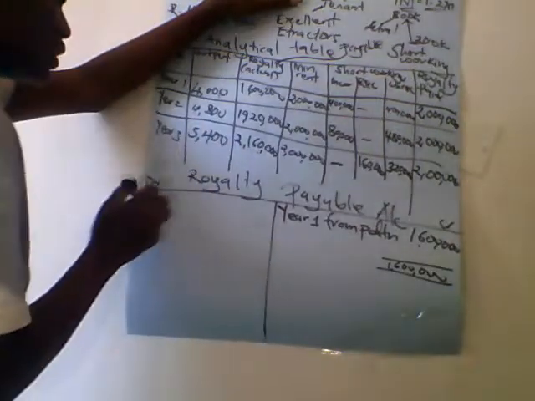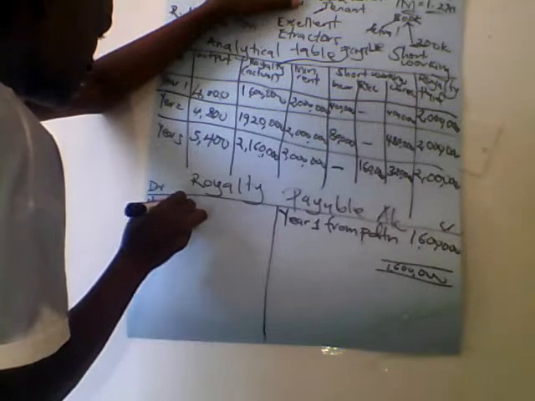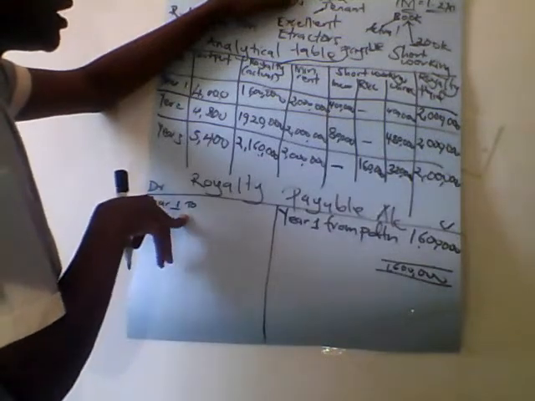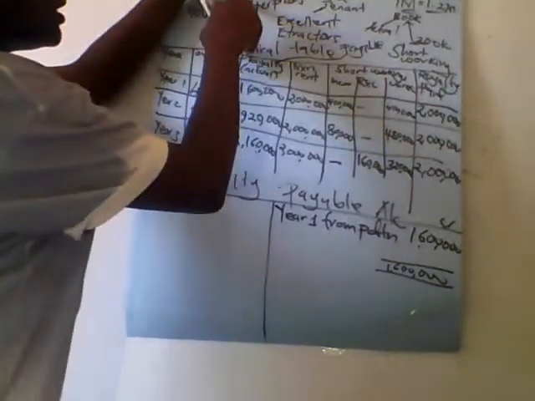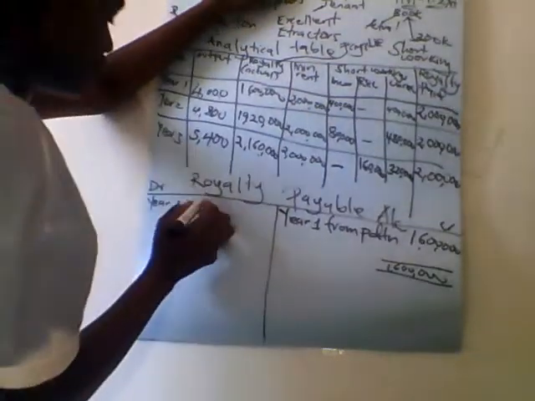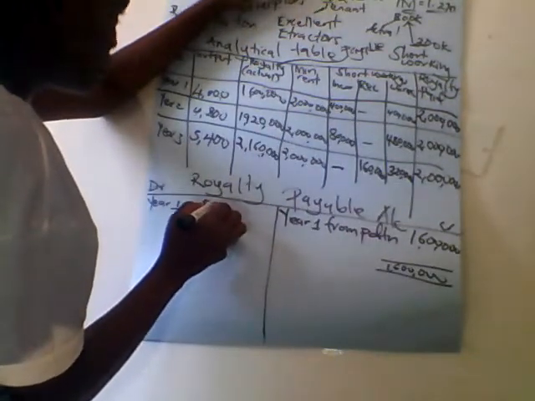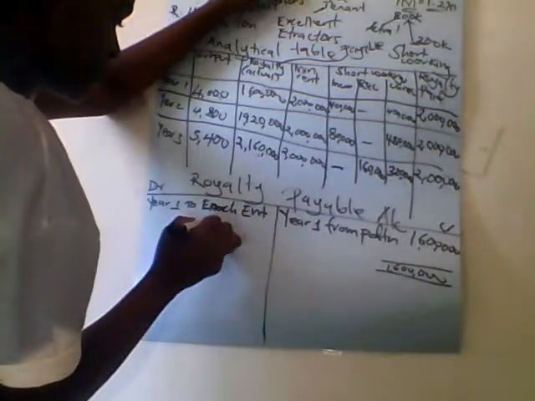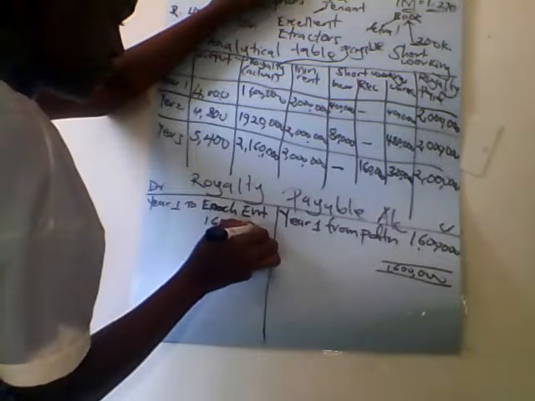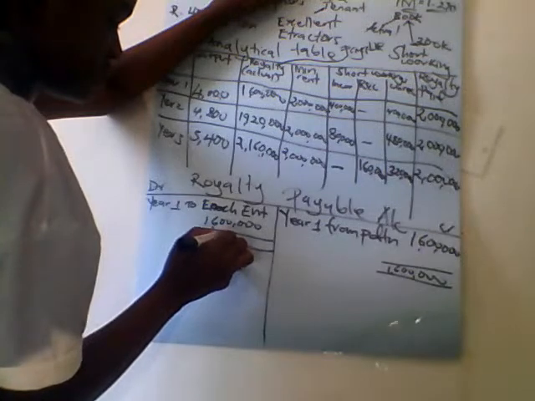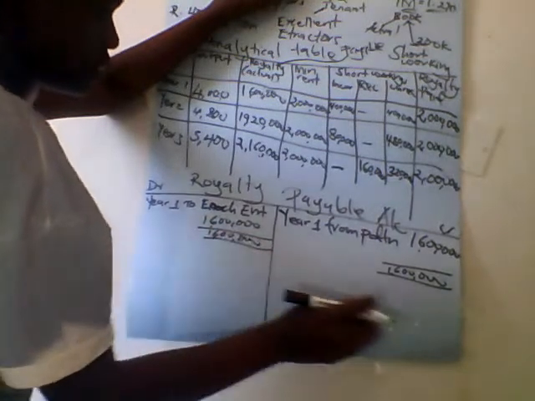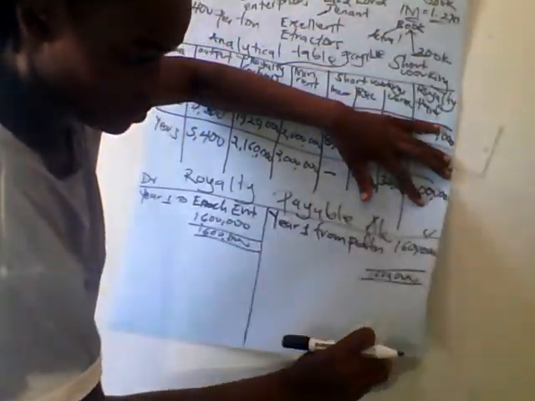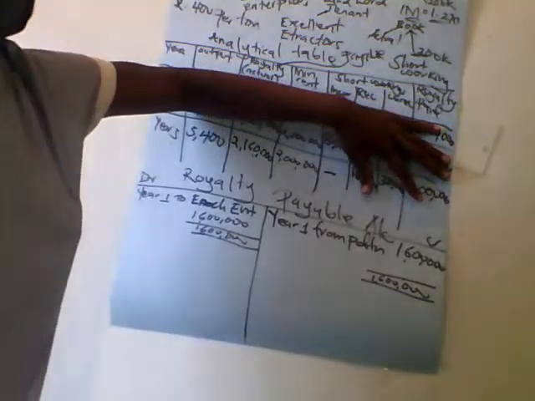Then this side, you write year 1, to the landlord, so to Enoch Enterprises. So to Enoch, 1.6. And that is how we do it.